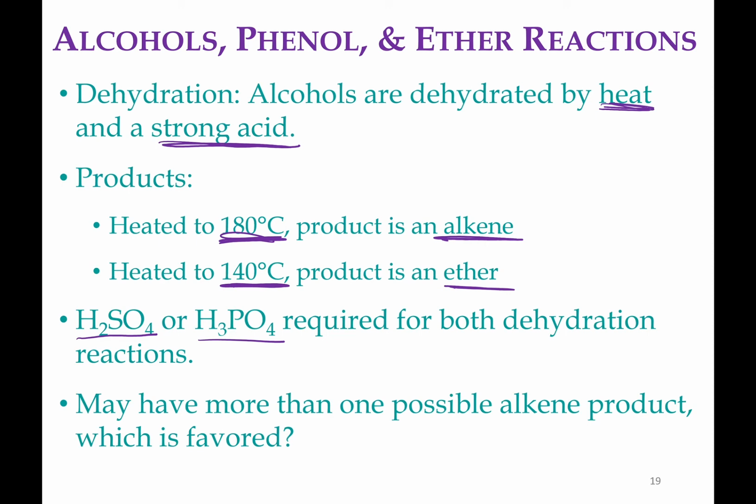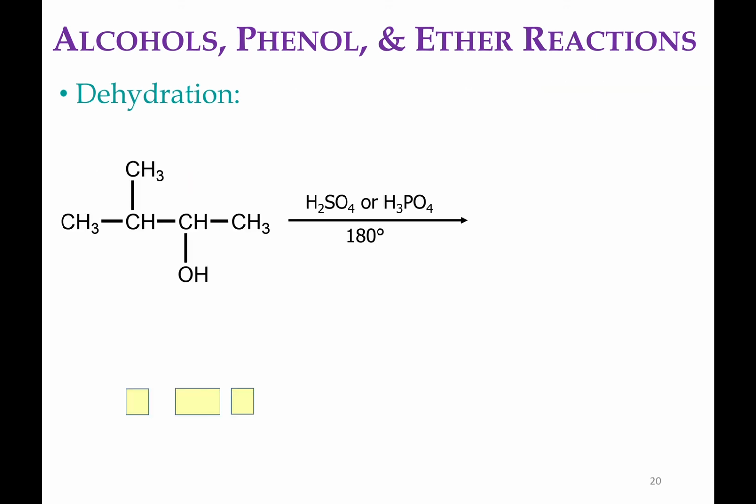Sometimes we can have more than one possible alkene product. Which one will be favored? Remember we had that Markovnikov's rule back when we were forming our other ones. We have to look now and see what happens in this case. In this case, we're going to follow somebody named Saytzeff. But let's take a look at what our possibilities are. So here, when I dehydrate, I'm going to dehydrate by taking another hydrogen.